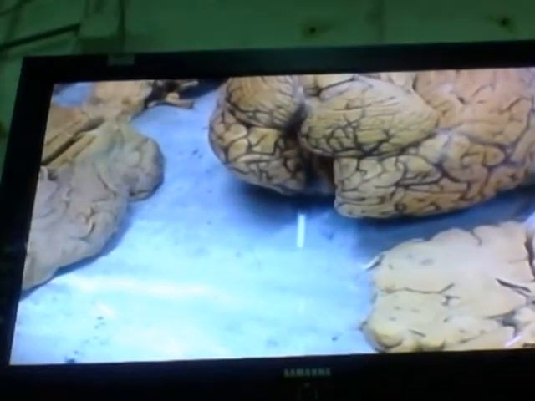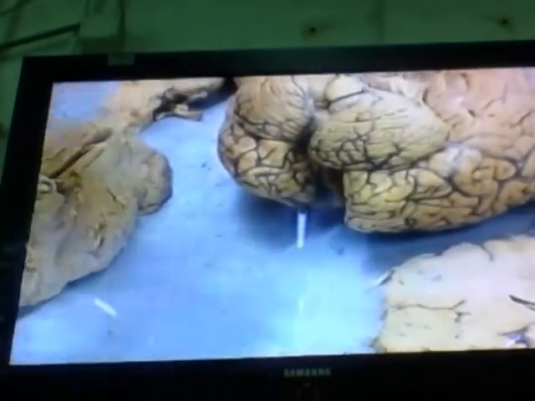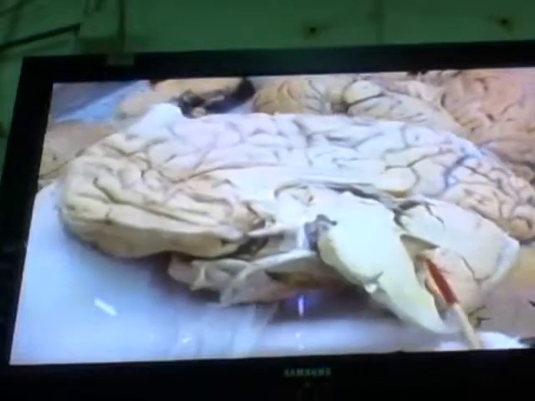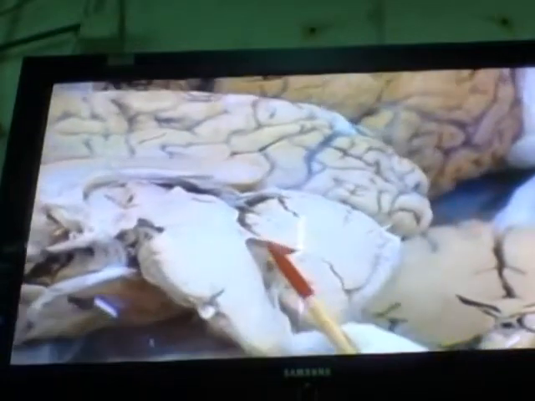If we look on sagittal section, so it's the same thing. You remember we have the fourth ventricle here, okay?